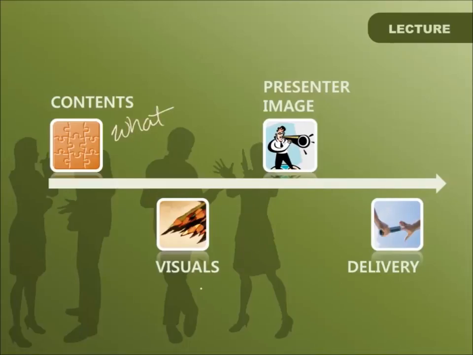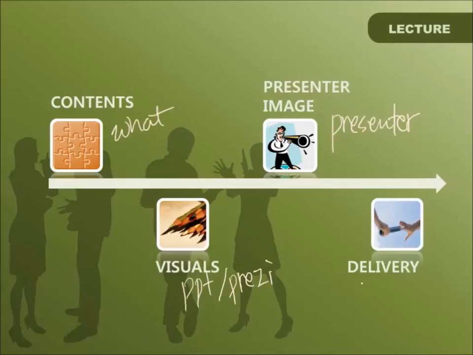And visuals is some kind of support, visual aids, like PowerPoint or Prezi. We talked about it a little more in detail. And presenter image is about the presenter, the person who presents. And lastly, delivery is about how you give the presentation. What kind of skills, what kind of tactics do you use to deliver your speech?